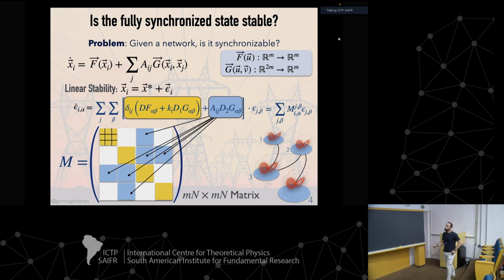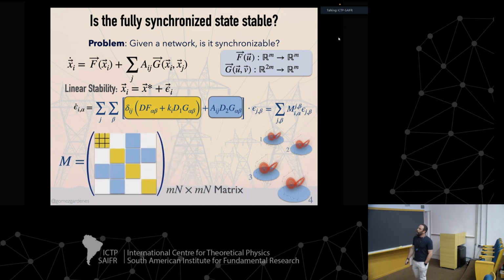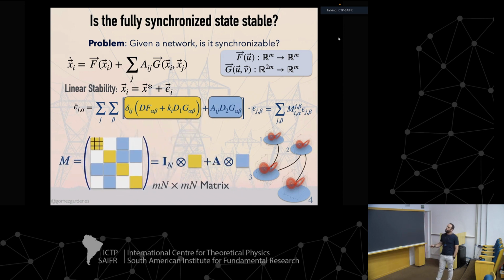Okay, so this huge matrix has this structure. So one can say that we can put this as a tensorial product, okay, in which we have the identity matrix, which will be these diagonal terms, times a common matrix, which is the yellow one, okay, this expression, and the summation of the adjacency matrix, that is this blue color-coded matrix, and the tensor product of a matrix which is identical.